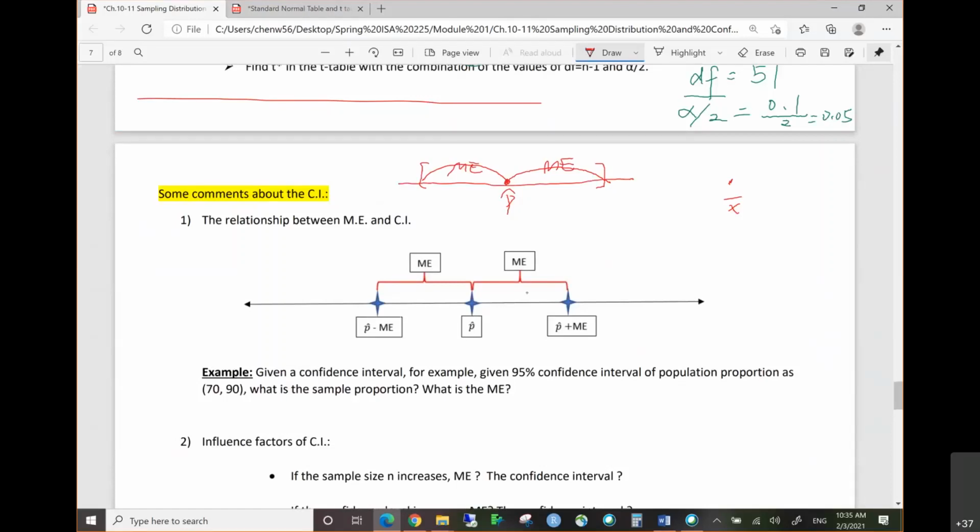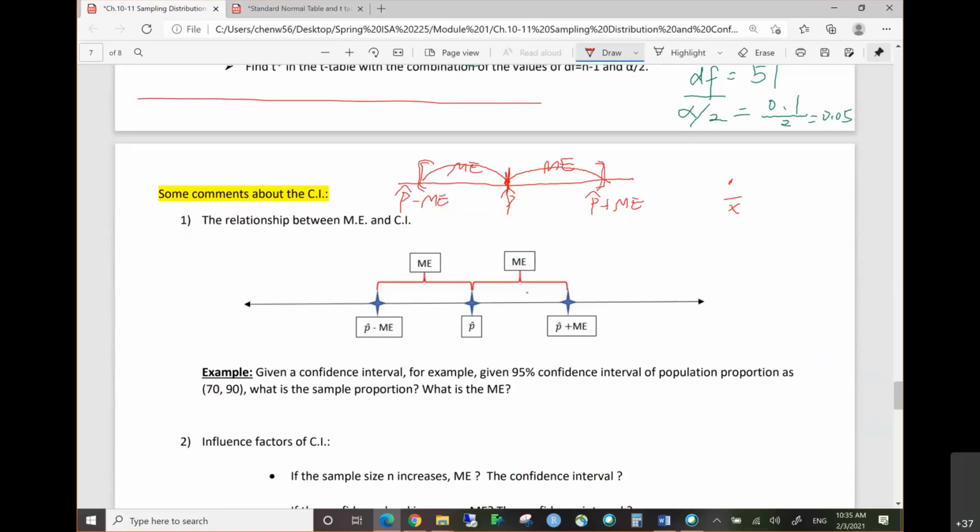The upper level is the p hat plus the margin of error. The lower level is actually p hat minus the margin of error. So actually, you have the relationship that p hat is in the middle of your confidence interval, right?